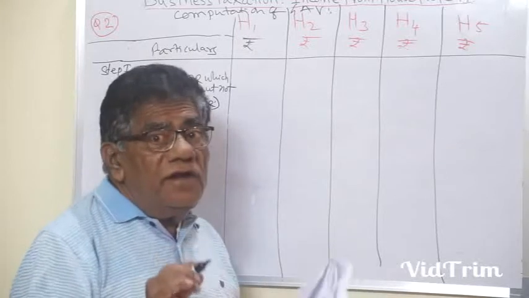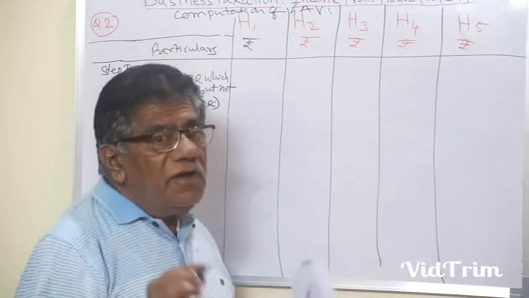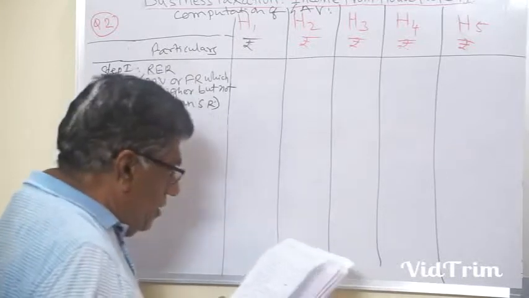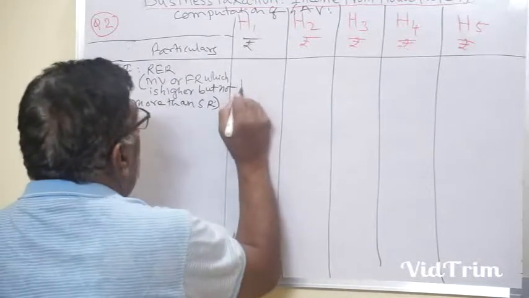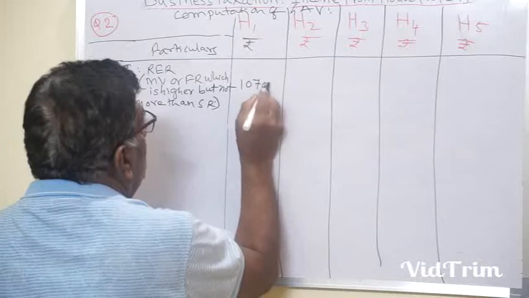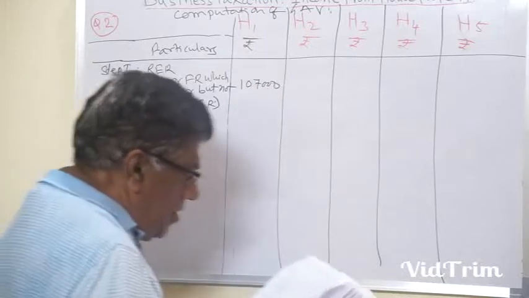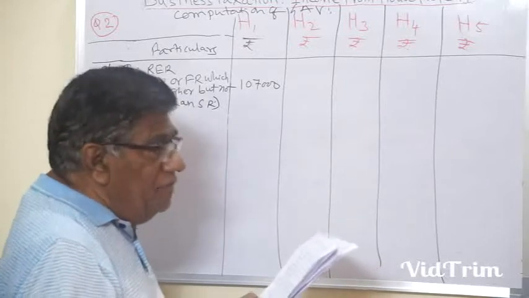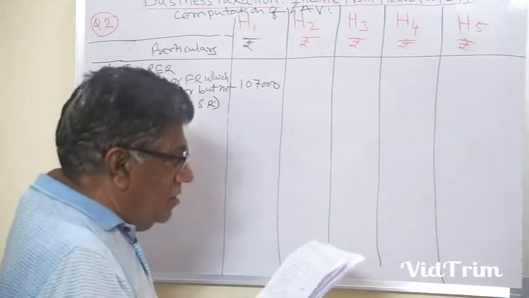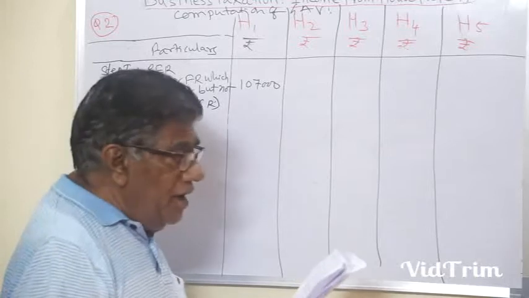No standard rent is given, it is not available. Therefore, the higher figure of 1,07,000 should be taken into consideration. Then for the second property, 1,05,000 versus 1,07,000, the higher is 1,07,000.